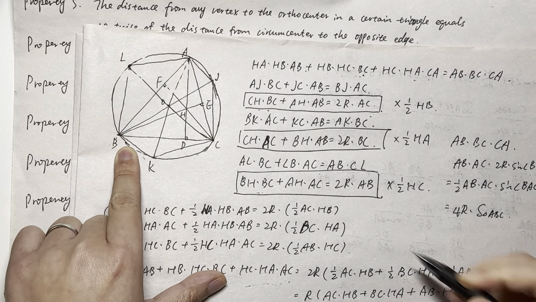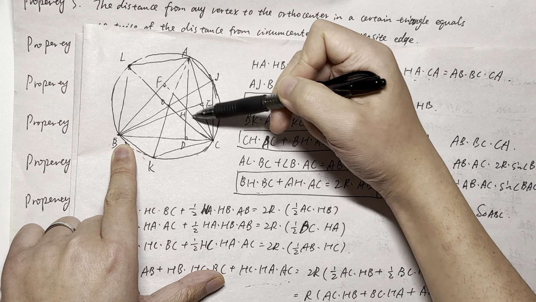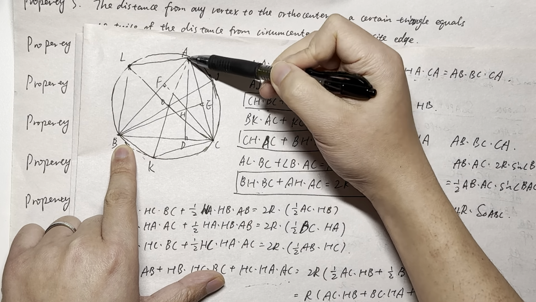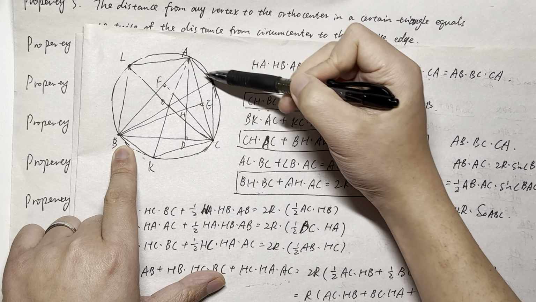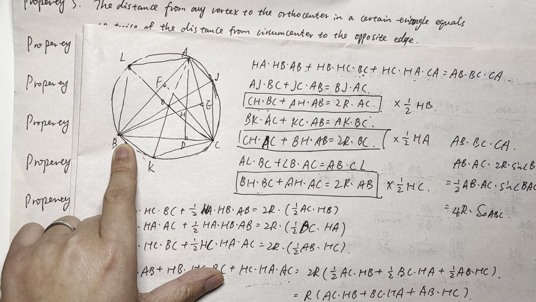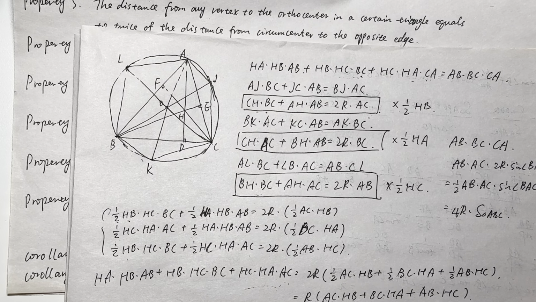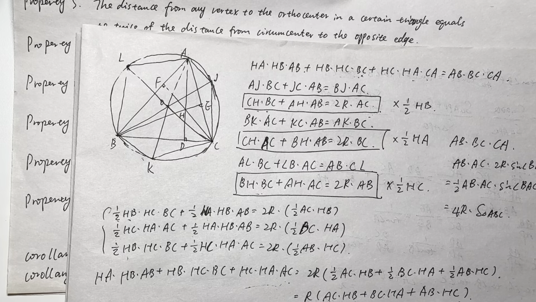And for AB times HC, HC here equals AJ, so AB times AJ is 4 times the area of triangle AOB. Now we see that AOC plus BOC plus AOB is the area of triangle ABC. So it equals R times 4 times the triangle area of ABC. Then we can see they are equal.